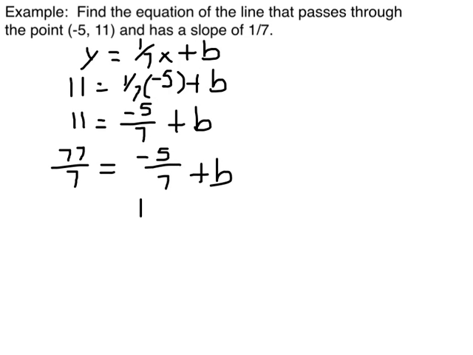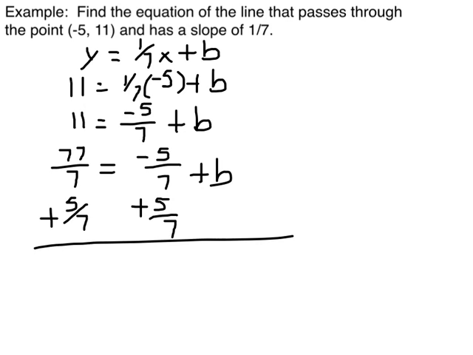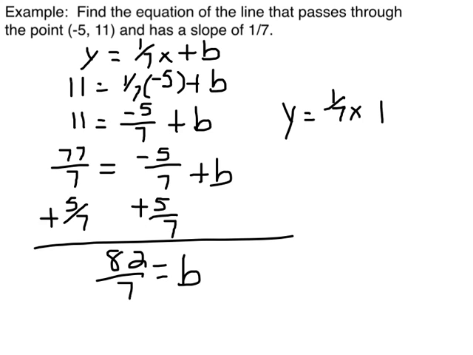And then I'm going to add 5/7 to both sides. And I find that b is equal to 82 over 7. So now the equation of my line is y equals 1/7 x plus 82 over 7.